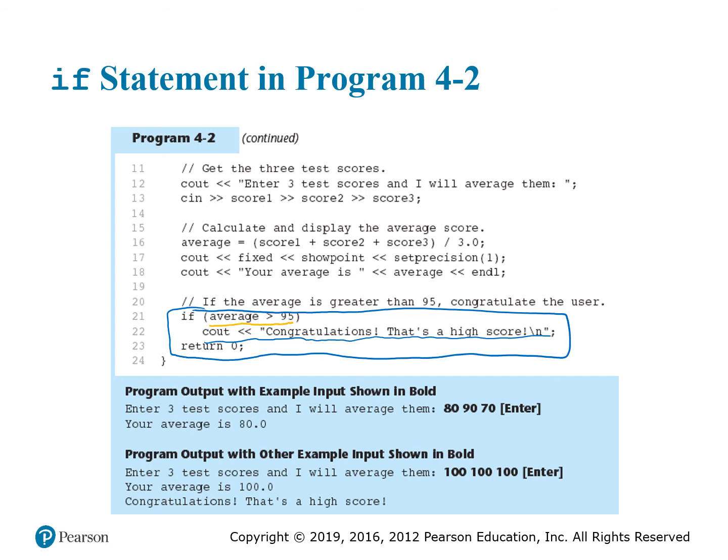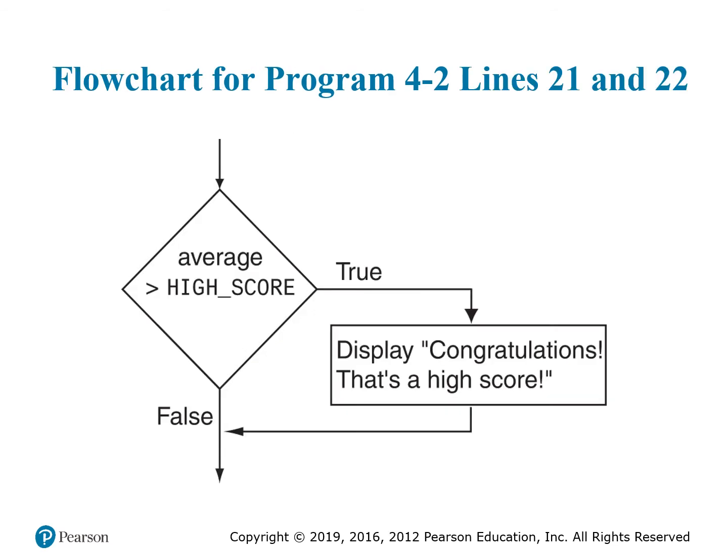Otherwise, the user won't hear anything from us. As in this case here, you say your average, we output your average is 80.0, but there's no output saying congratulations, because this program doesn't consider 80 to be a grade worth congratulating, apparently. Here's what that looks like in flowchart form.